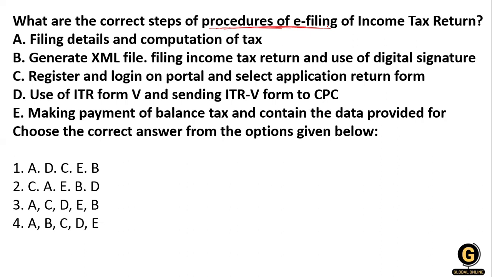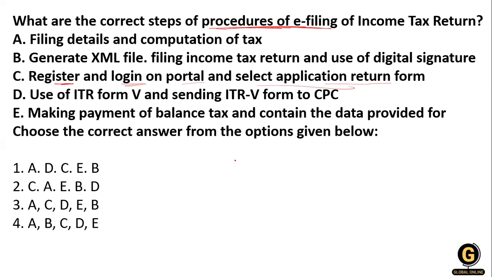If you download the app, the Global Online app, what happens is they ask for registration or login. If you're a first-time user, you have to register. If you are already registered with your mobile number, login ID or email ID, you just put the password. So what is the first step? Registration and login on the portal, and selecting the application and return form. This is the first procedure.